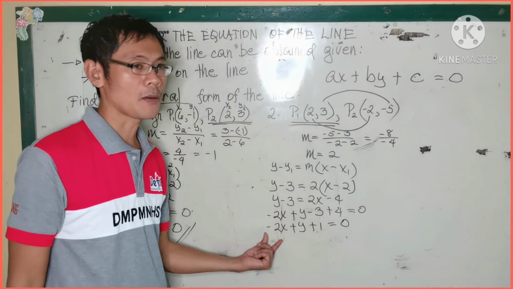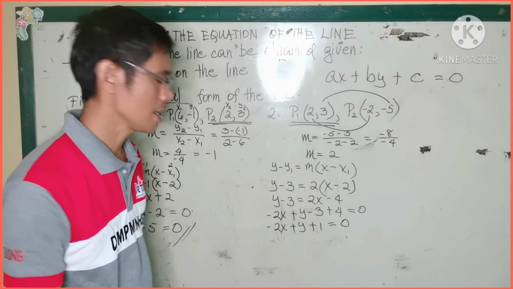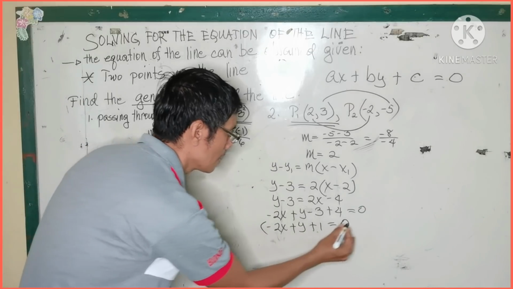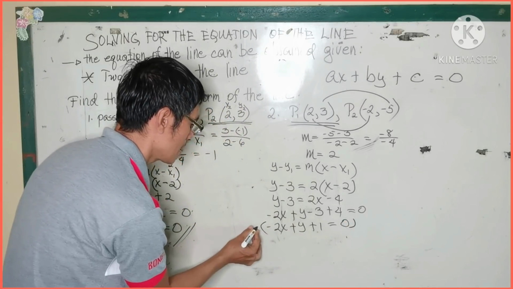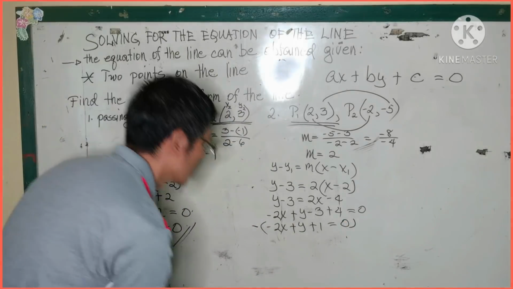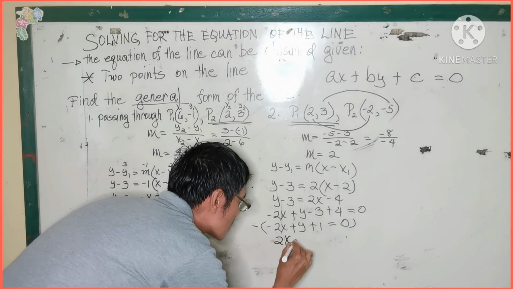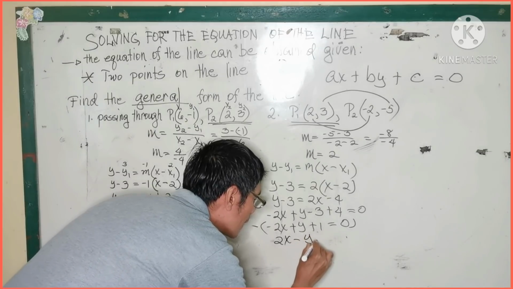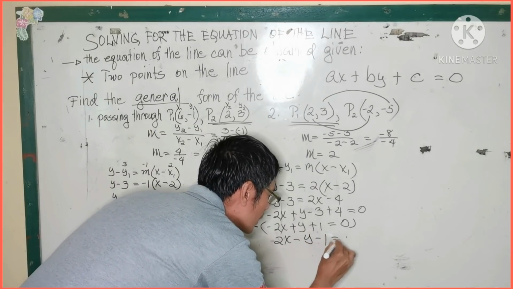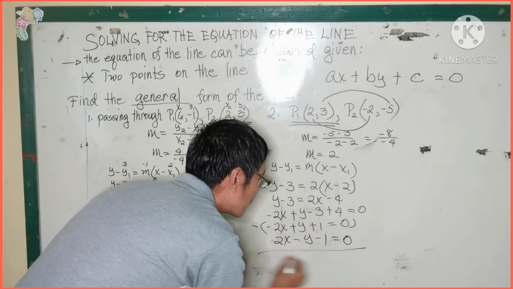Again, since our leading term is in negative sign, we have to multiply all the terms by negative. So therefore, the final answer is 2x minus y minus 1 equals 0.